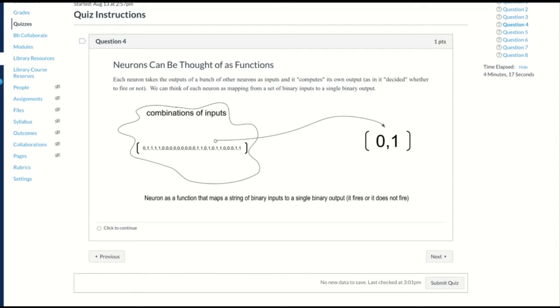So the reason we bring this up now is only because later on when we talk about machine learning and artificial intelligence, you'll hear people say that training a network is really just learning a function.